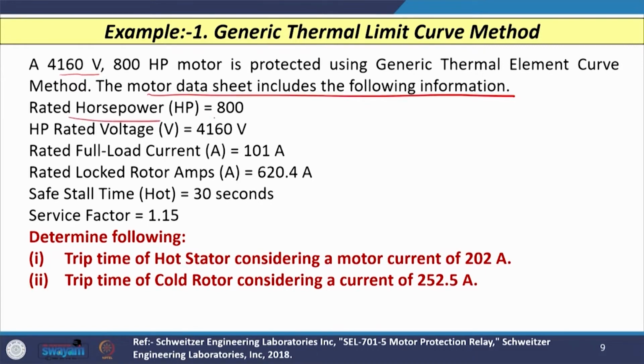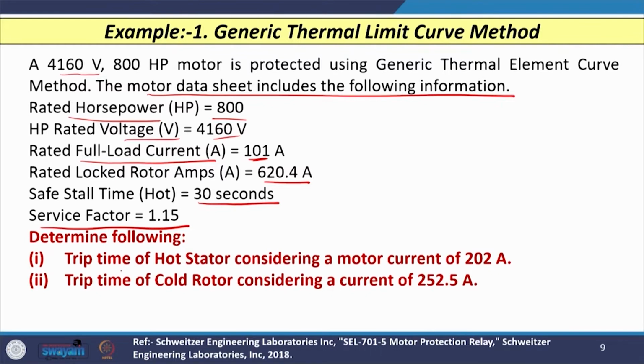Rated HP is 800, rated voltage is 4160 volt, rated full load current of the motor is 101 ampere, and rated locked rotor amps is 620.4 ampere. Safe stalling time when the motor is running in hot condition is given as 30 seconds, and service factor is also given, that is 1.15. So, with this available data for the motor, we have to determine two things.